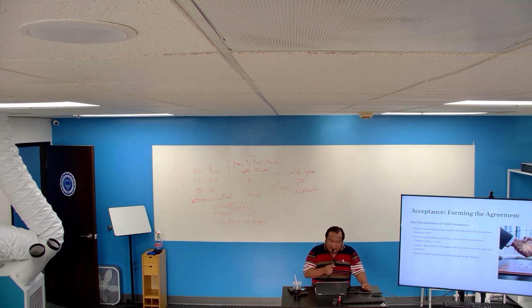And lastly, should be clearly communicated through appropriate channels. That is why there are certain contracts where you are asked, was this explained to you? And sometimes the law will ask you, was this explained to you in your native language?